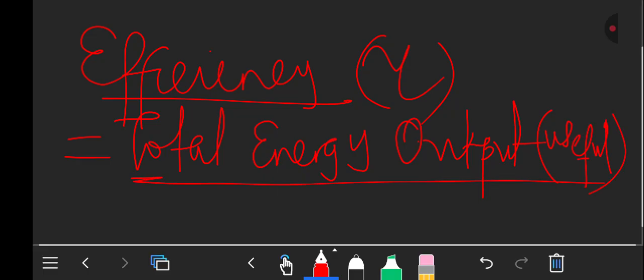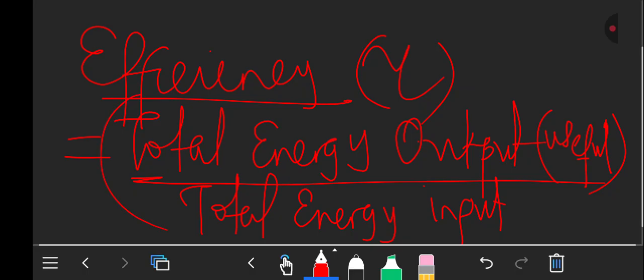And the entire thing must be multiplied by 100.